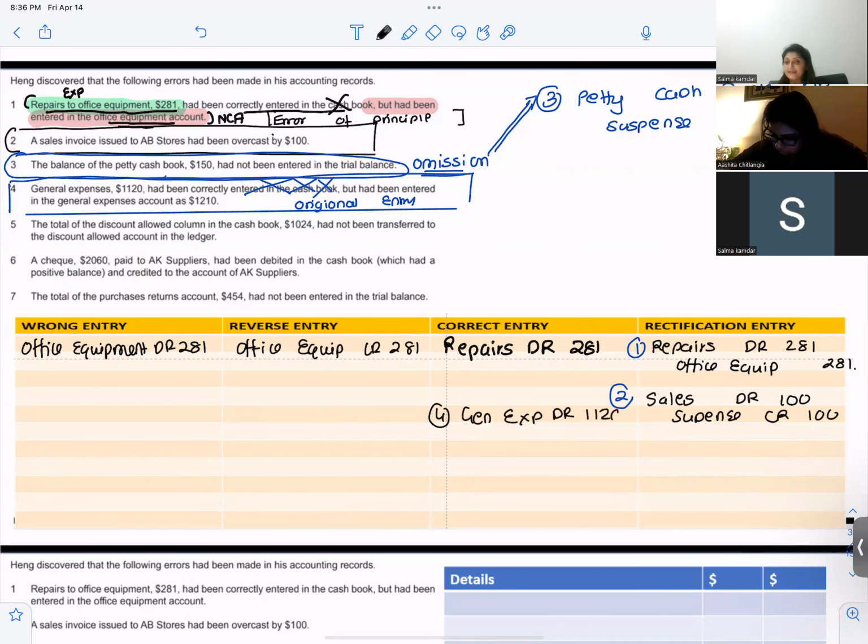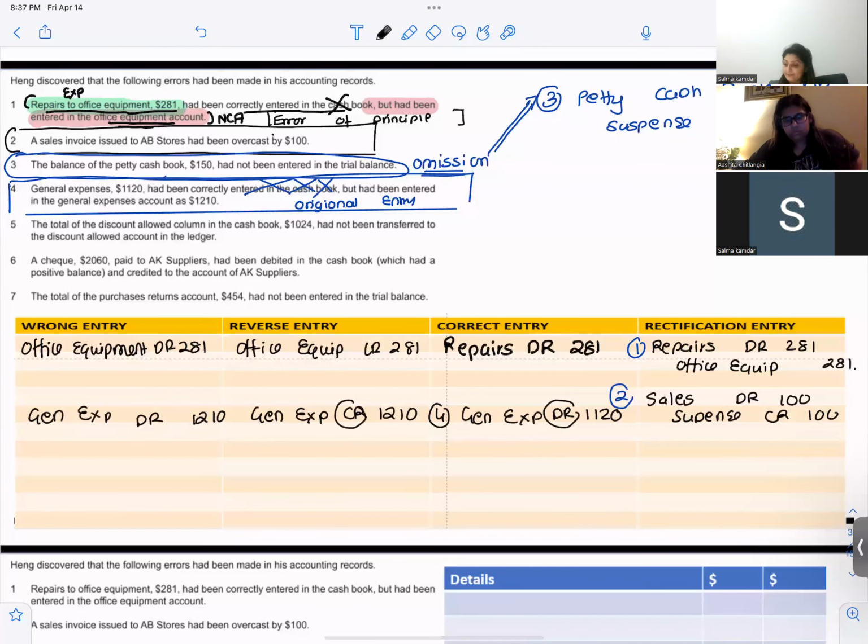You have correctly done it in the cash book, so you will do nothing in the cash book. What will be the wrong part? General expenses debit 1210. Reverse: general expenses credit 1210. One debit, one credit. Debit is 1120, credit is 1210.